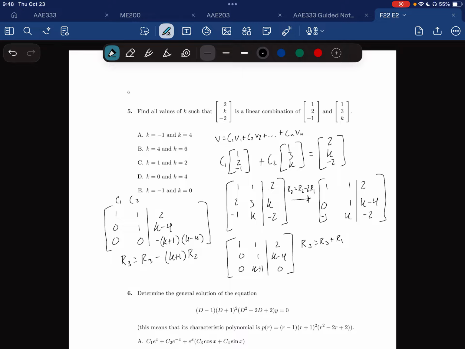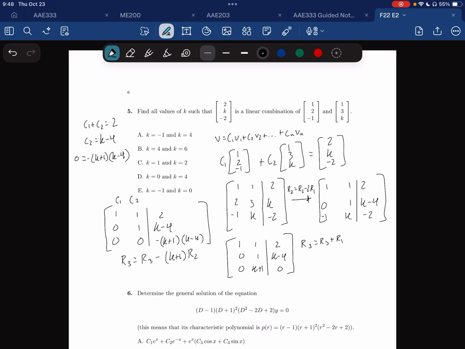What does our system look like? We have C1 plus C2 is equal to 2. We have C2 equals k minus 4. And now we have, again, bottom row zeros, 0 is equal to minus k plus 1, k minus 4.